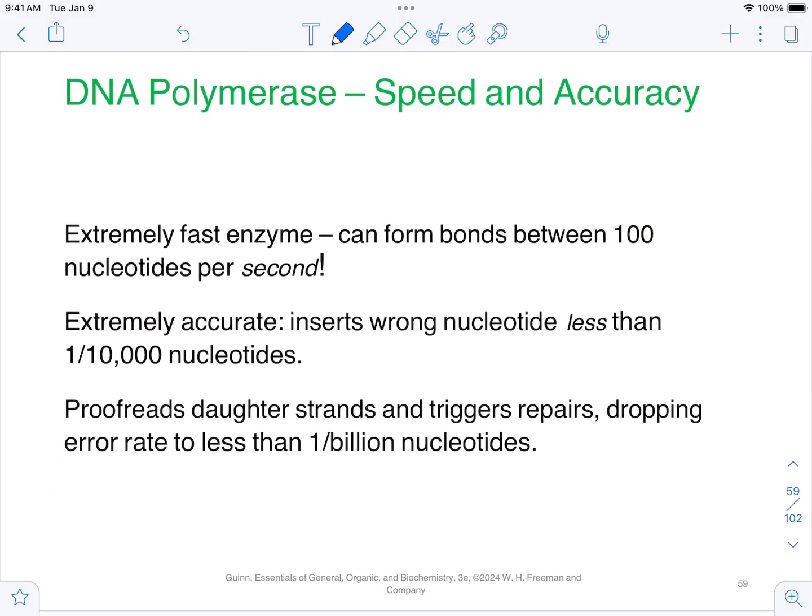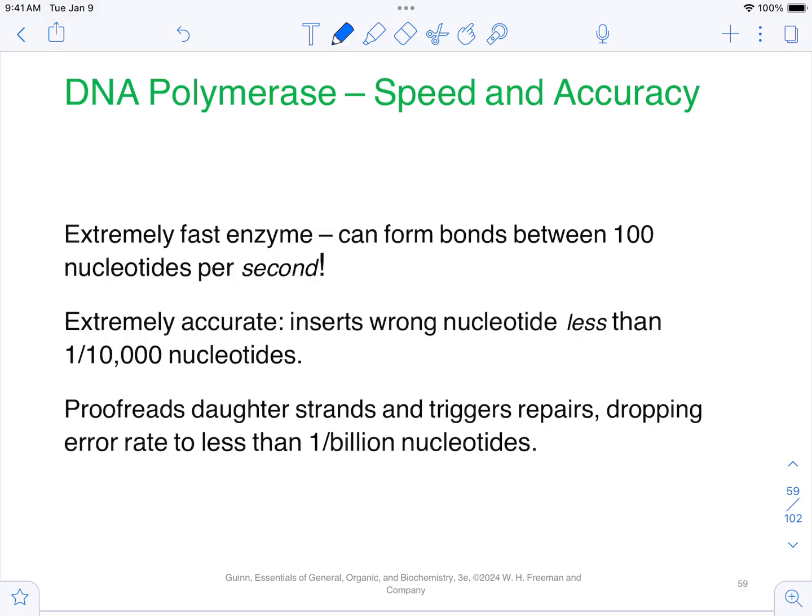This is crazy fast and crazy accurate. It can form bonds between 100 nucleotides per second. And look at the accuracy: less than 1 out of 10,000 nucleotides is inserted wrong.